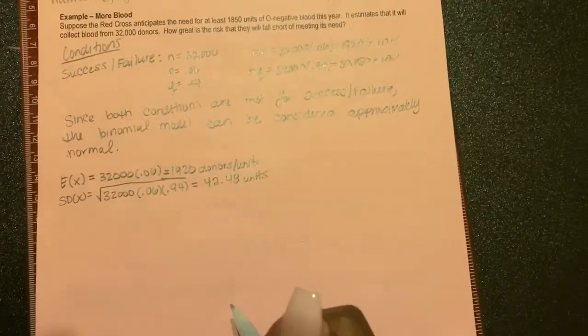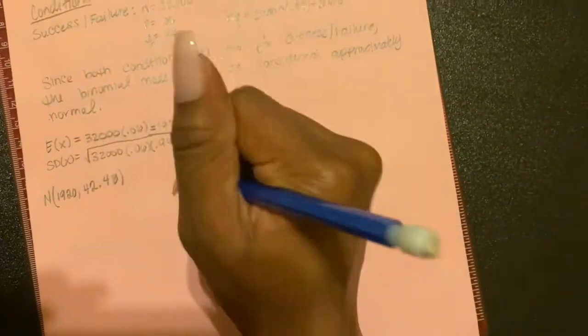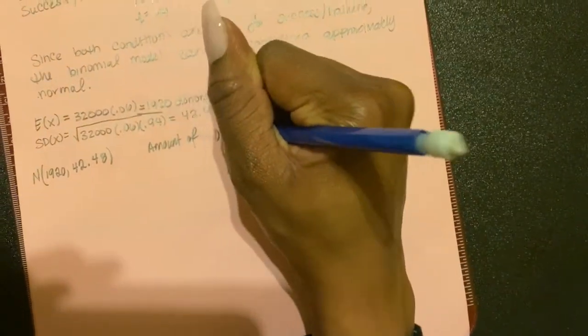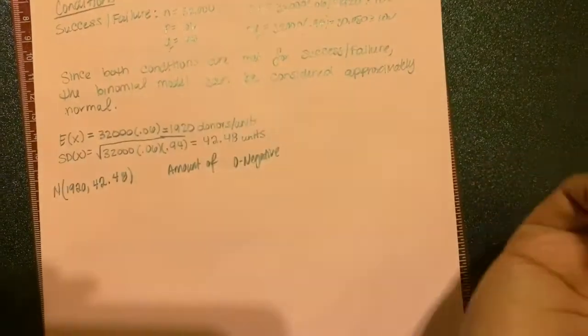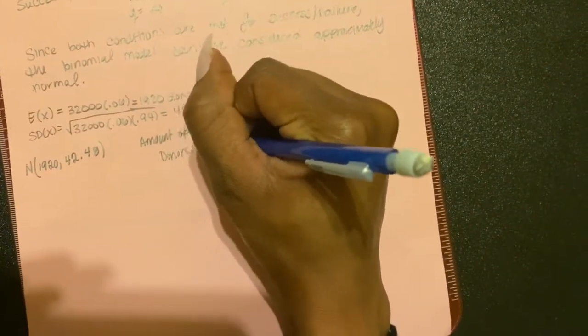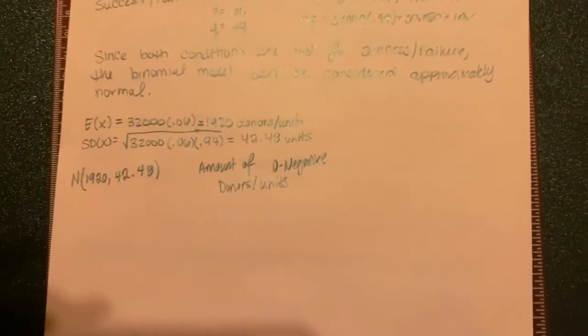Okay, so now we have our info, and now we're going to draw our curve. And we have to make sure you identify your information. Okay, and so we'll call it amount of O negative donors or units.